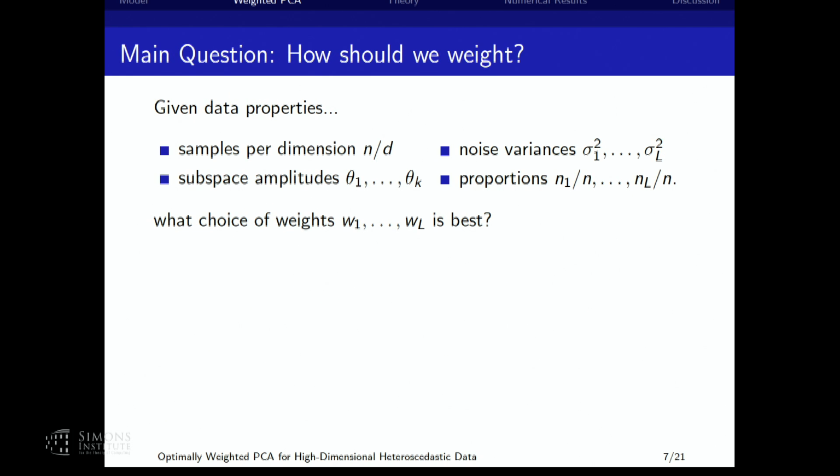Okay, so now let's look at the things that we assume we know, and then ask the question, how do we weight PCA, and what are the asymptotic recovery results of weighted PCA? So we say we know, of course, the number of samples per dimension. We're going to assume we know the noise variances, and which samples have which noise variance.